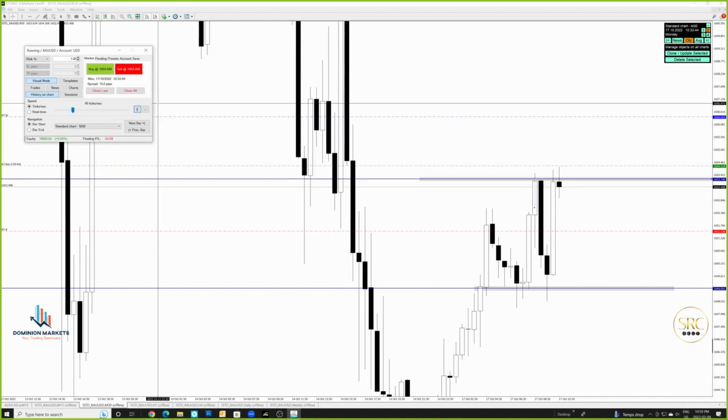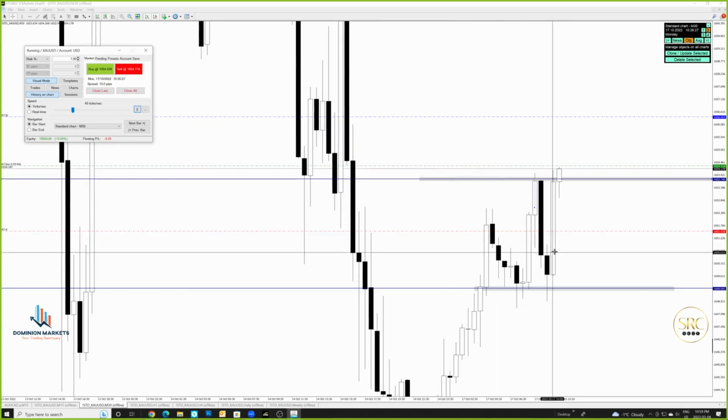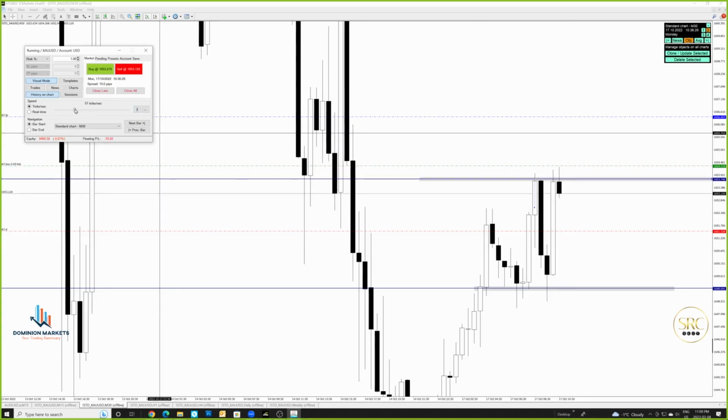It didn't break and close above the resistance. Yes, it is risky, but we're counting on the volume. The volume is coming from London Open because London Open pushed up. So now we're betting on the probability that this volume should continue pushing up.